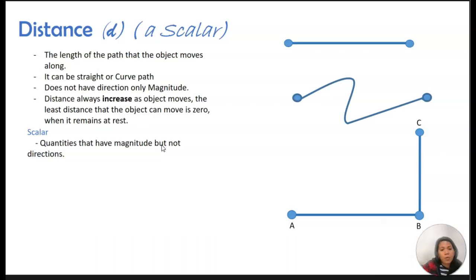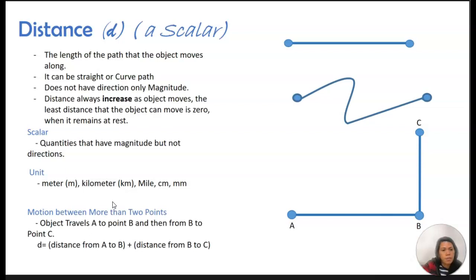Since this is a scalar quantity, it only talks about magnitude. The unit we use for distance is the meter, the System International unit that we will be using most of the time. We also have kilometer, mile, and centimeter.